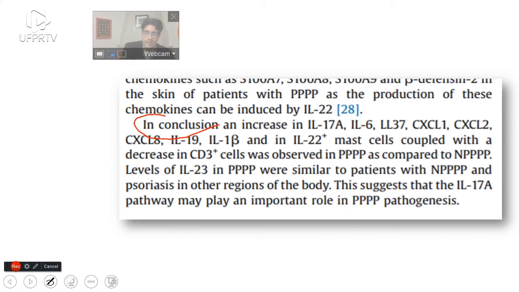And then you have at the very end that all of these genetic things they talk about suggest that this pathway may play an important role in PPPP pathogenesis. It's a kind of nod to future research. So again, the in conclusion is a clear signal, but it's strengthened by the fact that they make a move with this talking about future research and applications.